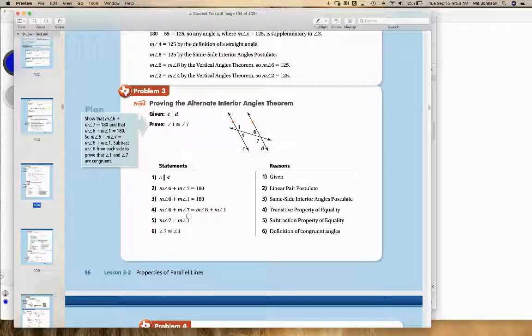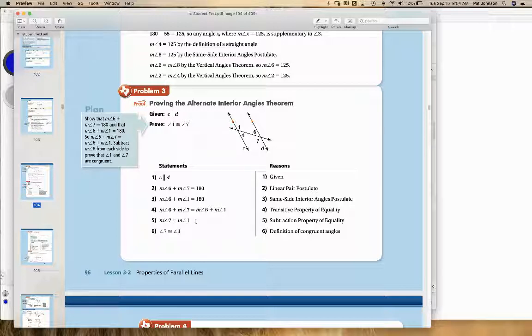Then they subtracted the measure of angle 6 from both sides because they're the same. It doesn't matter what it is. That's the subtraction property of equality, which gives us the measure of angle 7 equals the measure of angle 1, but that's not what they want us to prove. They want us to prove that these two are congruent.